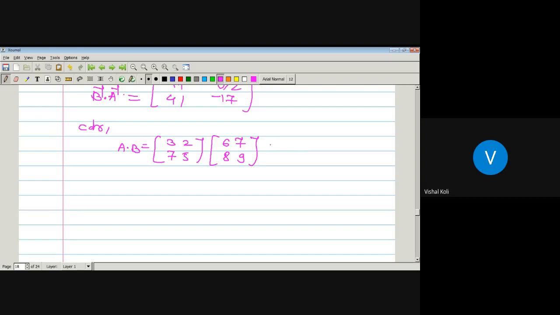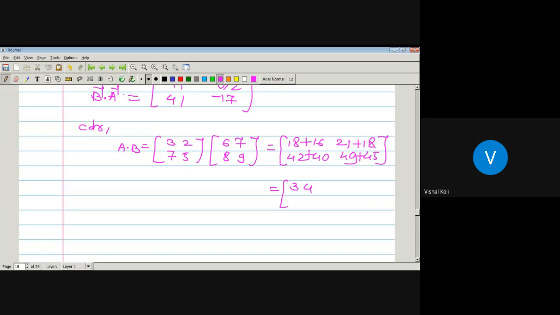Its matrix multiplication will be 3 into 6, 18, plus 8 into 2, 16, 3 into 7, 21, plus 2 into 9, 18, 7 into 6, 42, plus 5 into 8, 40, 7 into 7, 49, plus 5 into 9, 45.